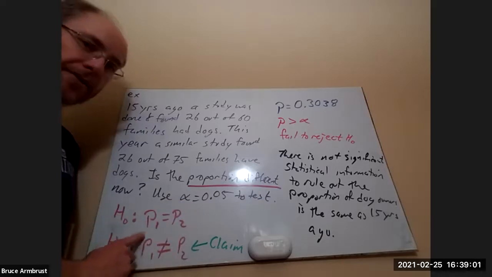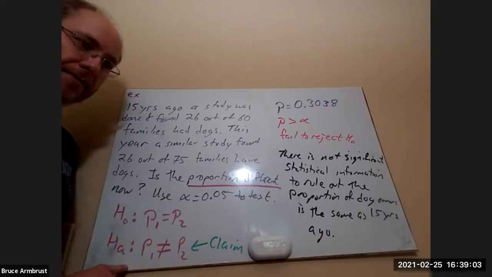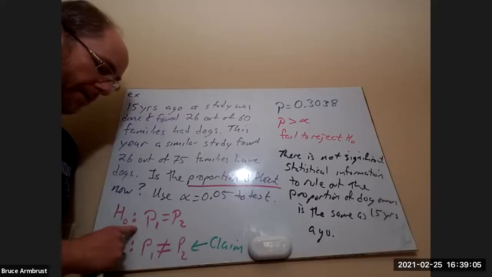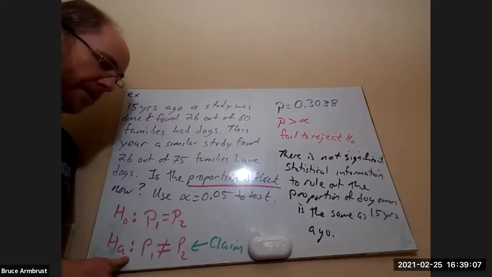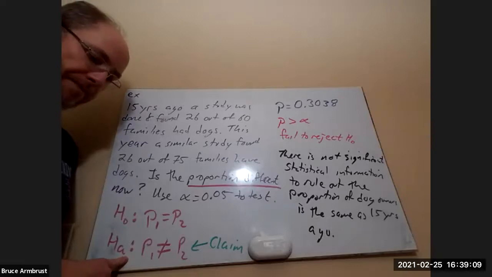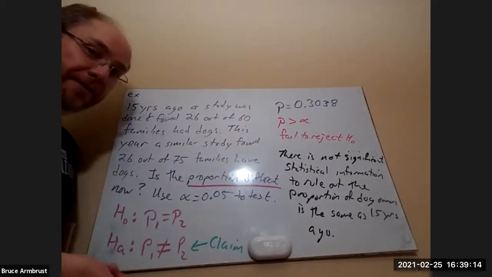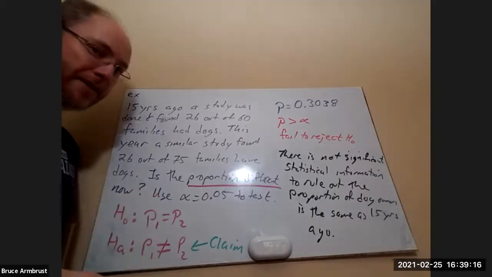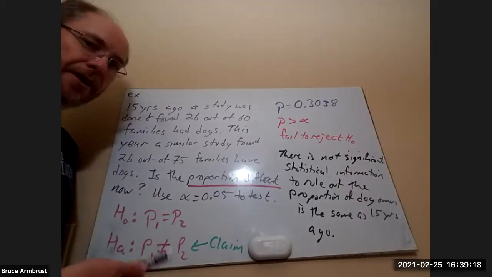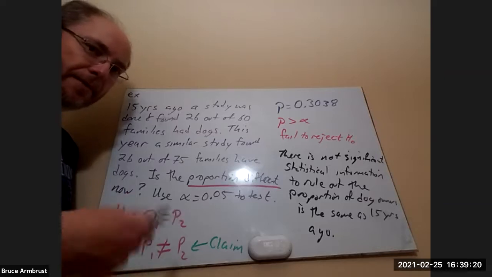And we also need to construct our H naught and our HA, our null hypothesis and our alternative hypothesis. Then we go to the technology. That's where it's different. That's where we're putting in different numbers for a different scenario.